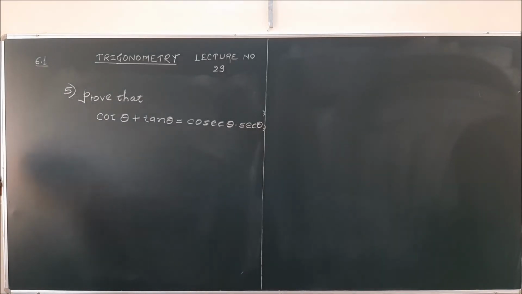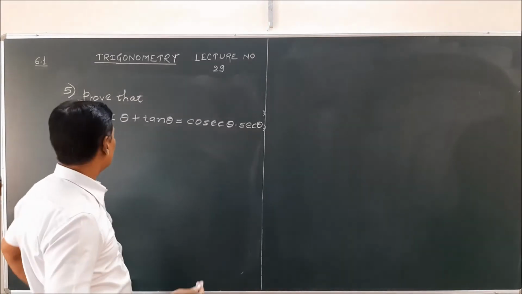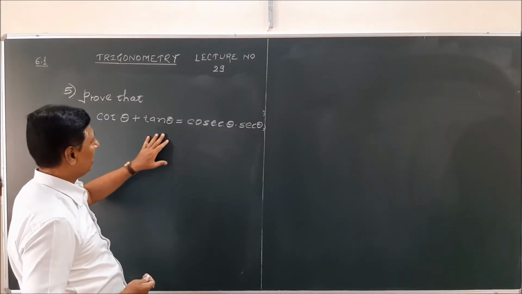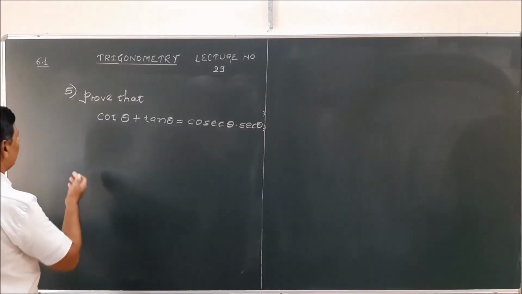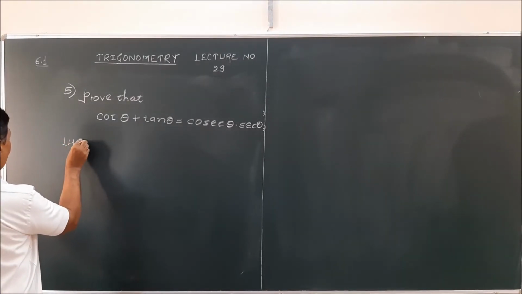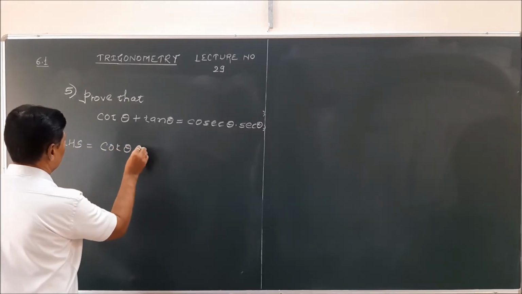Now same way, dear students, converting cot, tan into basic ratios sin and cos. So we will find LHS is equal to cot theta plus tan theta.